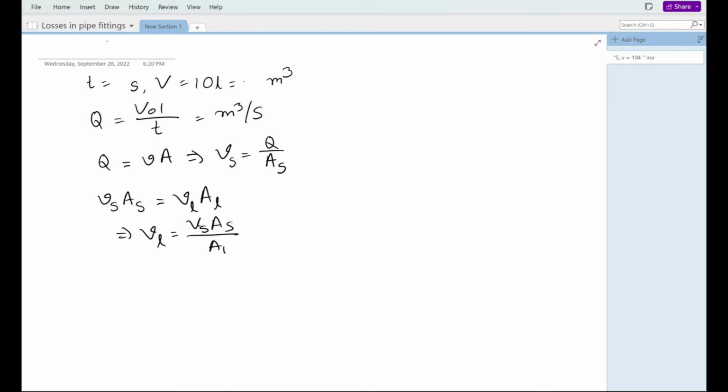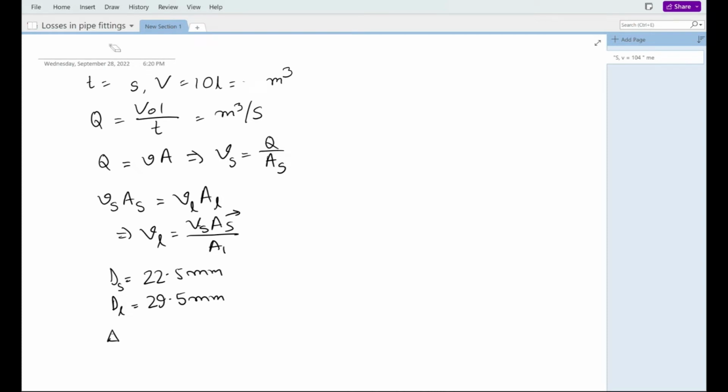So for area, find the diameter. The diameter of the smaller pipe was 22.5 millimeter and the diameter of the larger pipe was 29.5 millimeter. Okay, and now you have to find the loss coefficient K for all those fittings.